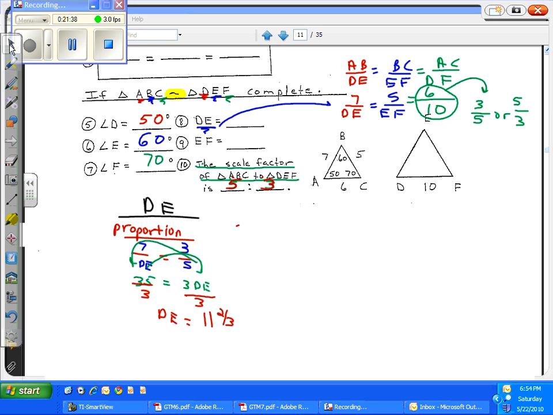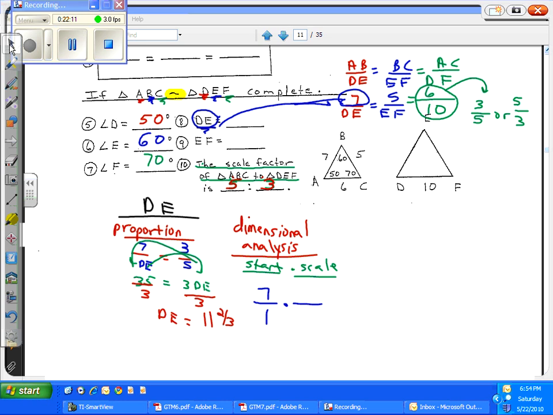Now, if I use dimensional analysis to solve, then instead of setting up a proportion, I do start times scale. And so I would be thinking this: I'm looking for DE, but I'm going to start with its partner 7. And I'm trying to go to DE. Now DE is the side of the bigger.